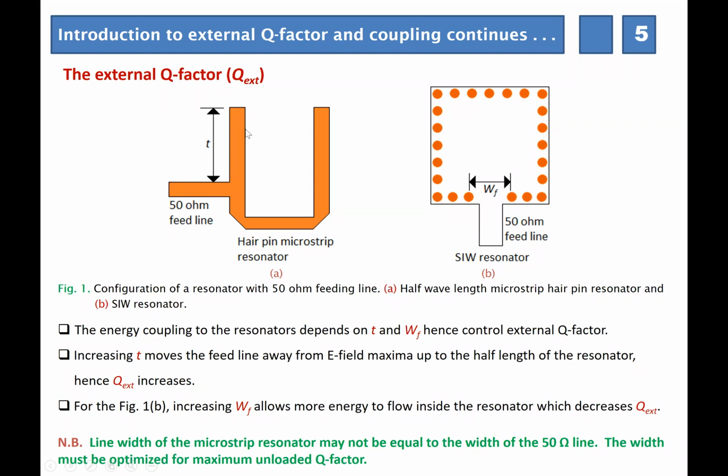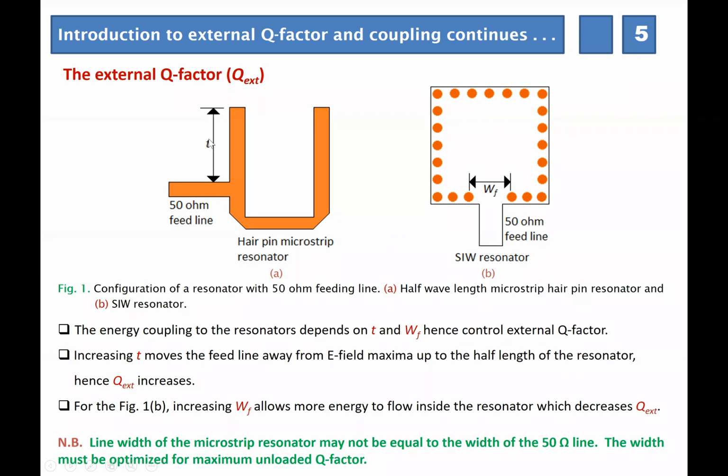Figure 1A is the structure called a hairpin microstrip resonator, and 1B is a TE101 SIW resonator. Now you can see the 50 ohm feeding line. It is feeding the SIW cavity as well as the microstrip line. And the length of the microstrip hairpin resonator is lambda by 2, where lambda is the wavelength at the resonant frequency. There is one offset T from one end of the resonator.